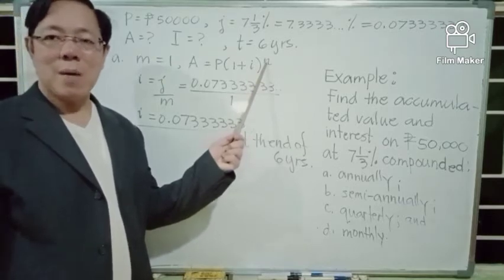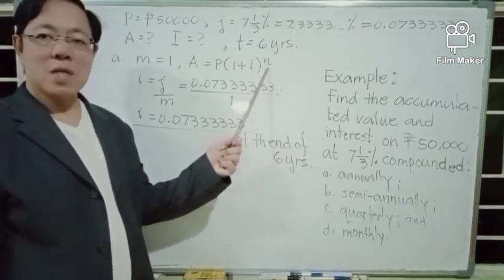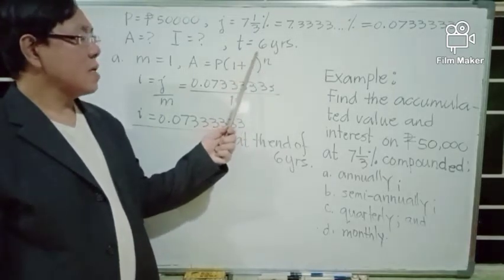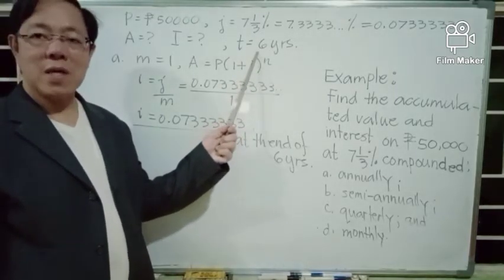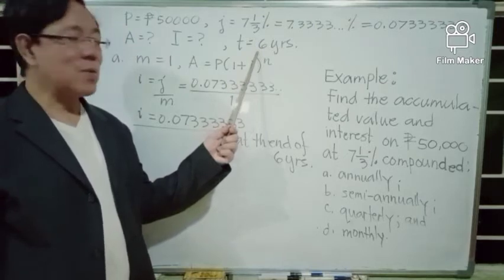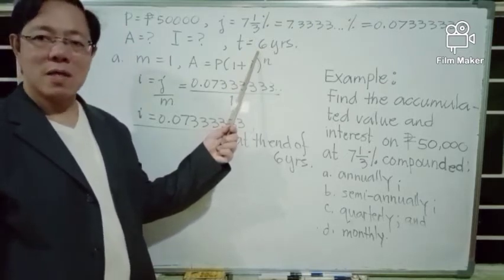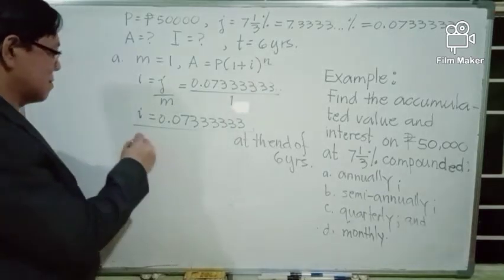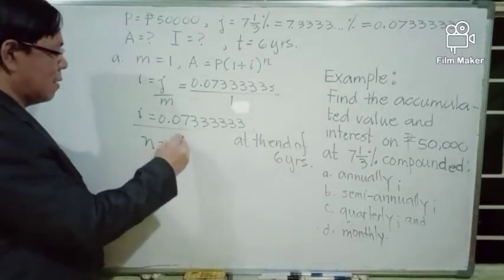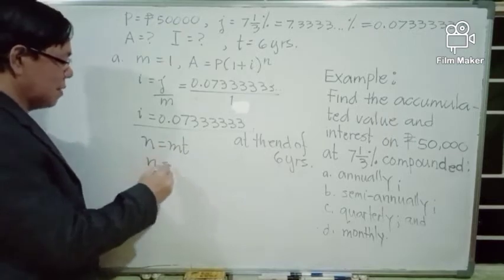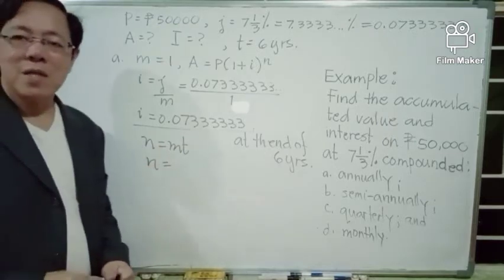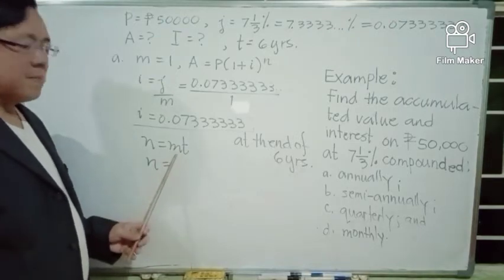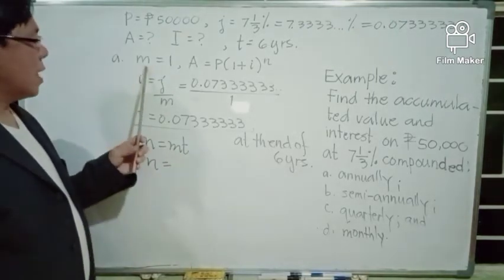N is the total number of interest computations for T years. In this example, N is the number of times that interest will be computed for 6 years. And N is given by M times T, where M is the number of interest computations per year, and M is 1.